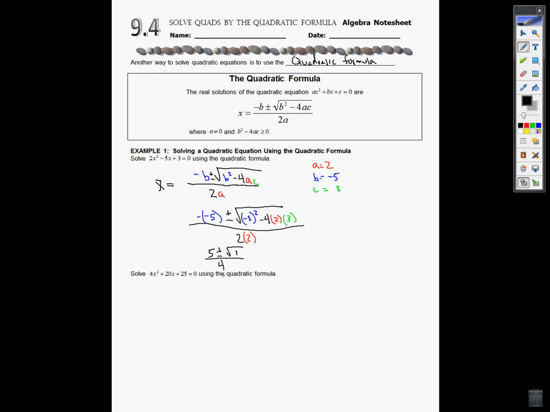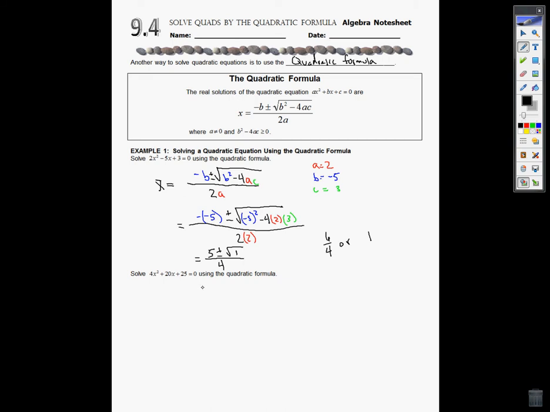And look at that. All I need to do now is 5 plus the square root of 1 over 4, so let's just put equal signs here. So 5 plus the square root of 1 is just 6. 6 over 4 is one of my possibilities. Or 5 minus 1 over 4, which is 1. If I simplify this one, this is technically 3 over 2, but these are my two answers.